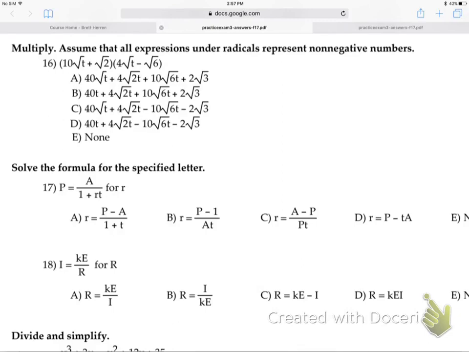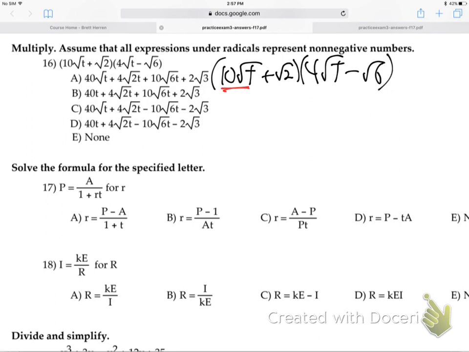So, 10 root t plus root 2, times 4 root t minus root 6. Okay, so we're going to FOIL, right? So first, to both. What's the rule for multiplying? Outside stuff with outside, inside with inside. Outsiders with outsiders, insiders with insiders. So 10 times 4 is 40.